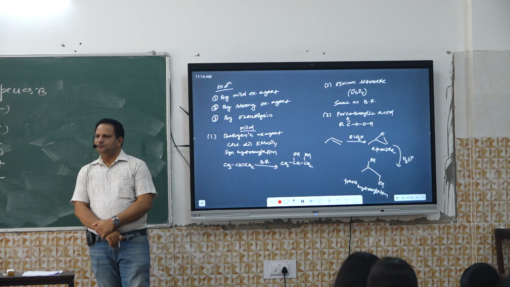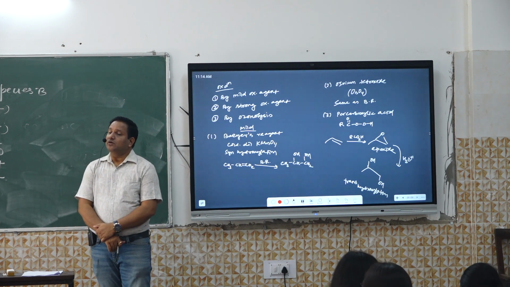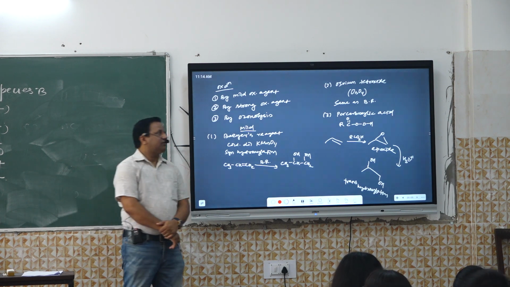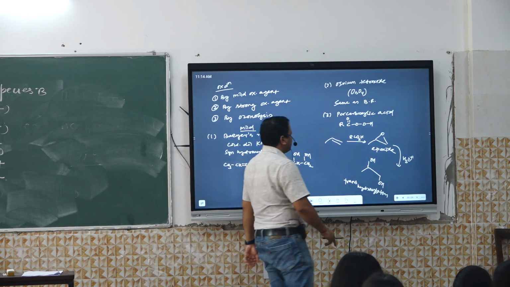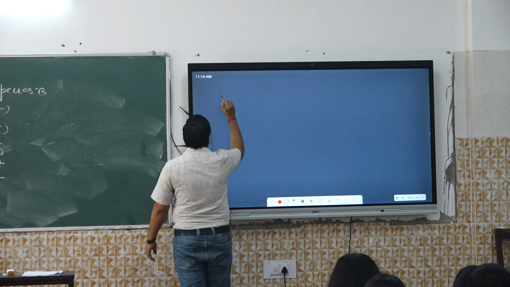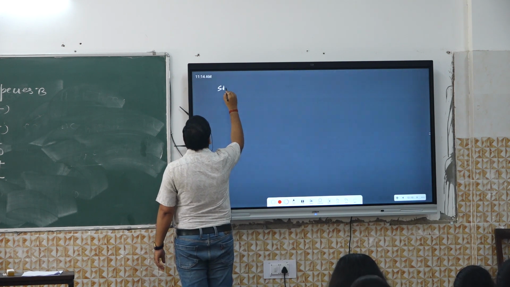So up to this clear? So this is by the use of mild oxidizing agents. Then strong oxidizing agents, right? Second, strong oxidizing agents. So what are the strong oxidizing agents?